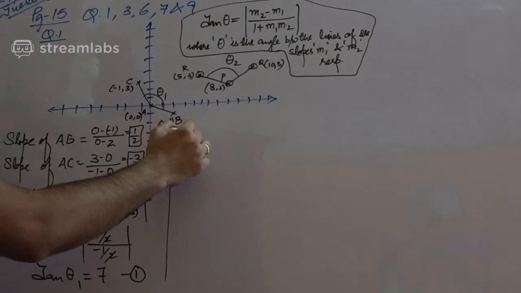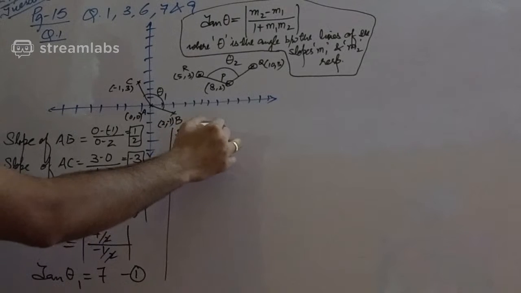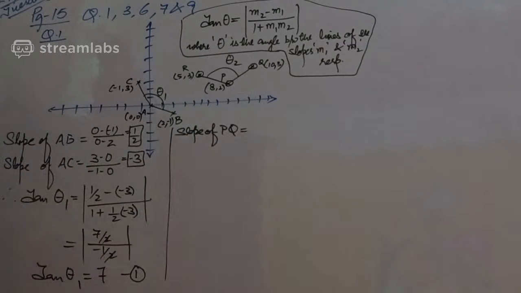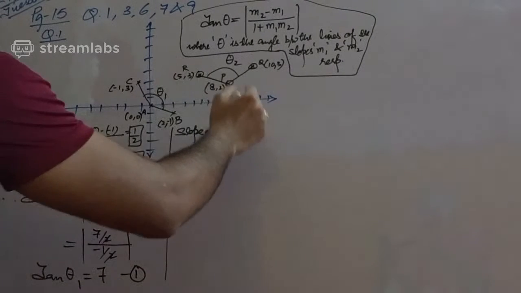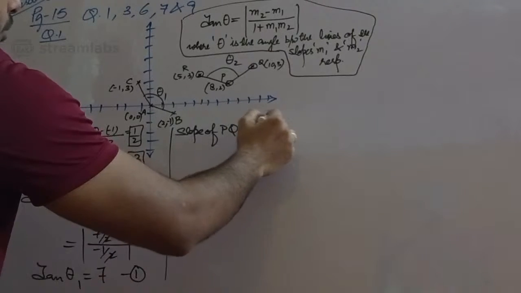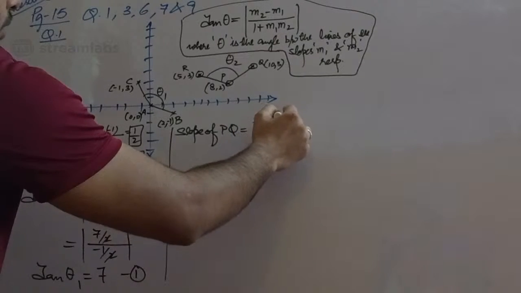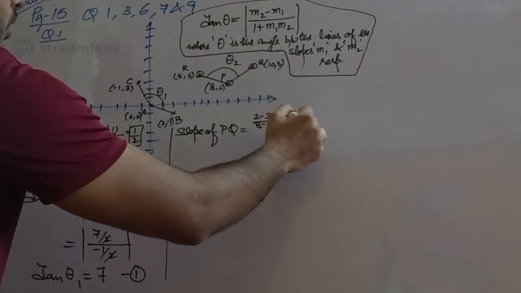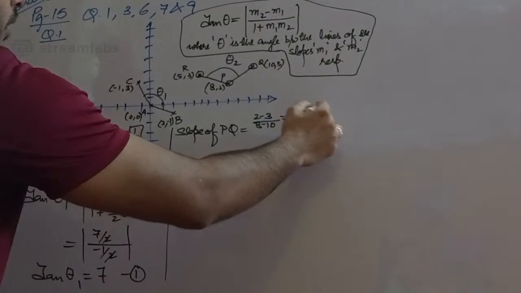Slope of PQ, if I find out, because we need PQ, slope of PQ will come as y2 minus y1, so 2 minus 3 divided by 8 minus 10, which will come as minus 1 divided by minus 2, or it will be 1 by 2 itself.